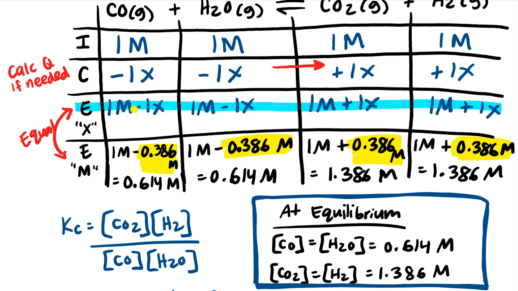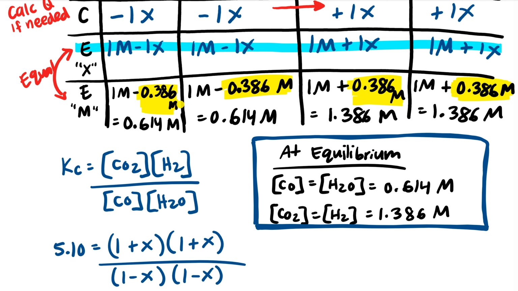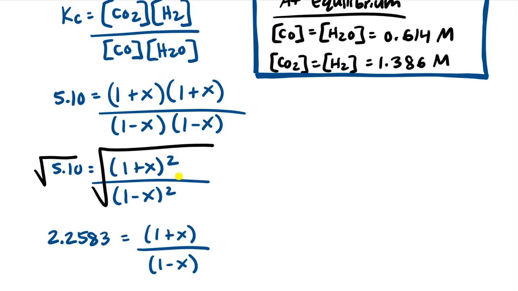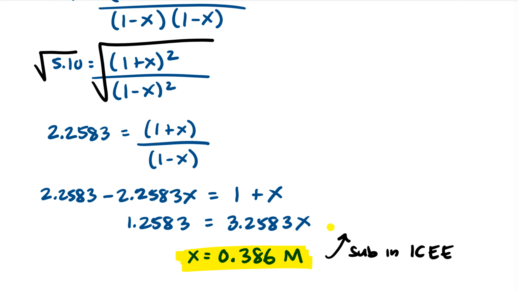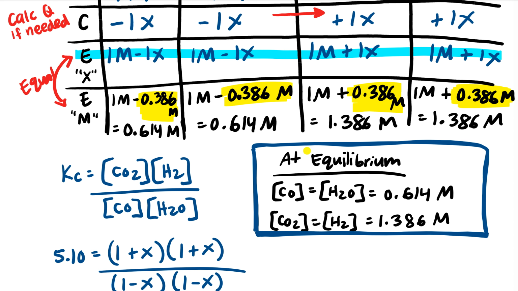My next line is equilibrium in terms of X. And then to solve for X, for this problem, since they didn't tell me any of the equilibrium concentrations of any of the chemical species, I had to use the Kc expression and the given value of 5.10, plug in the equilibrium values for each one of my chemical species in terms of X. I got a perfect square here, and then I solved for X, and then I subbed X back in to my ICE chart and finished up the calculations, and I have my equilibrium concentrations for every single chemical species in this reaction.